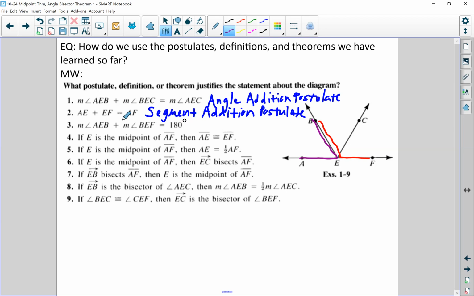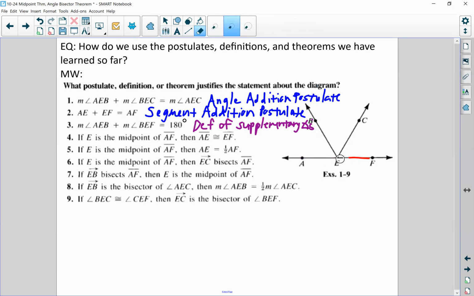What do we define as two angles that add up to 180 degrees? This is the definition of supplementary angles, right? For the other ones, I might need more space below, so I'll start writing some of them on the bottom after number 3.